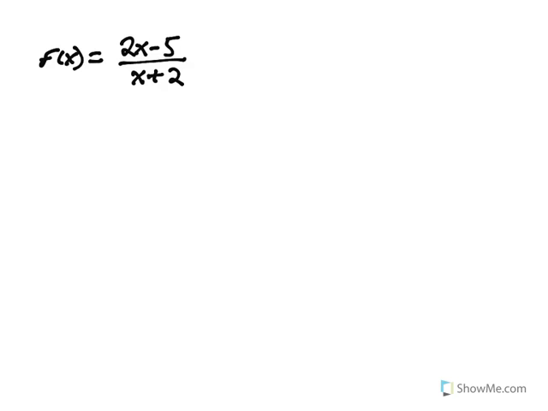Again, when we do the domain for a rational function, we want to look at the denominator. Don't worry about what the numerator is. Then you just take the denominator, set it equal to 0, and solve for x, which is super simple. Subtract 2 on both sides, and you're left with x equals negative 2. So here are 3 ways you can express the domain.